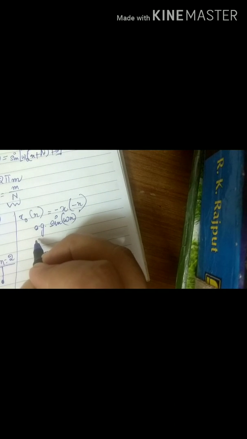The other one will be present at n equal to minus 2.